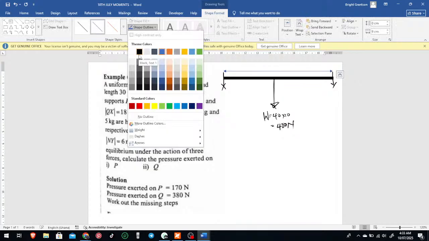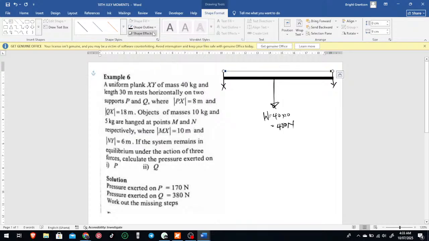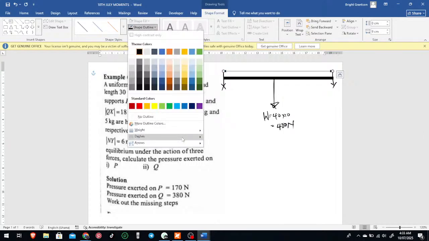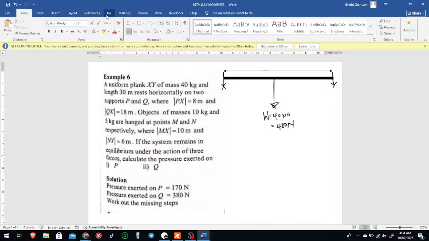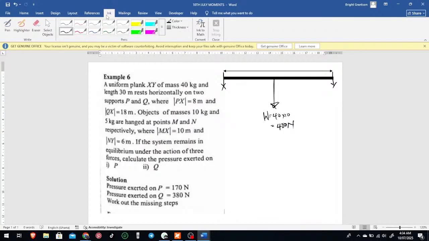Everybody should learn how to draw the diagram. Right, very good. And 30 meters, so everything here is 30. If you divide it into 2, you're going to get 15 and 15.